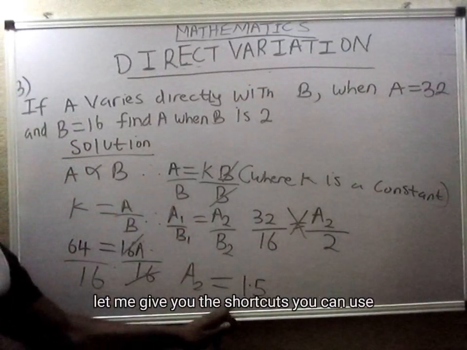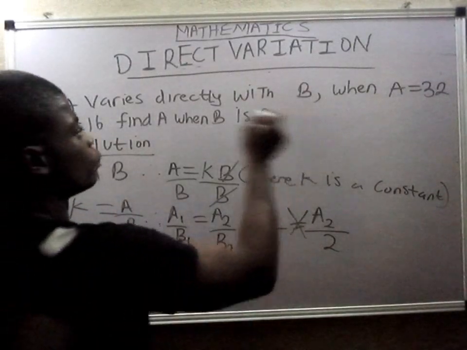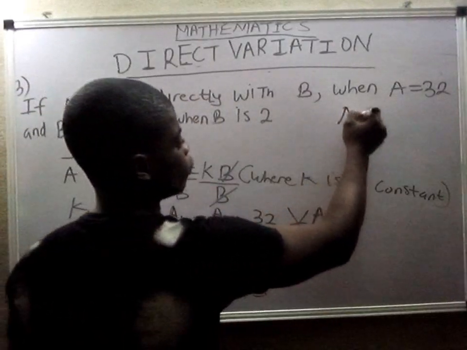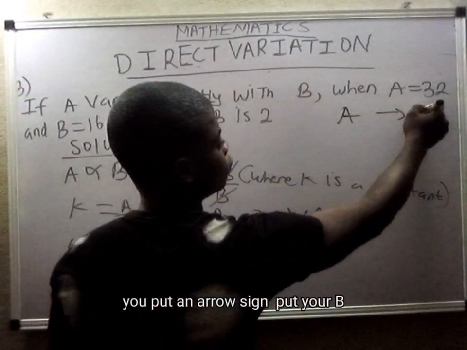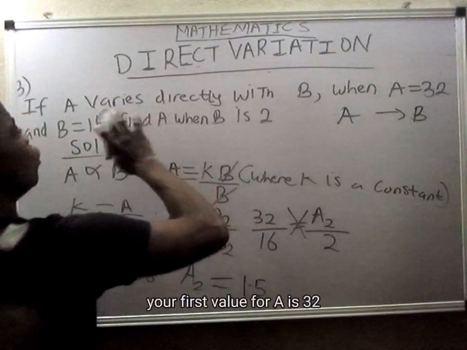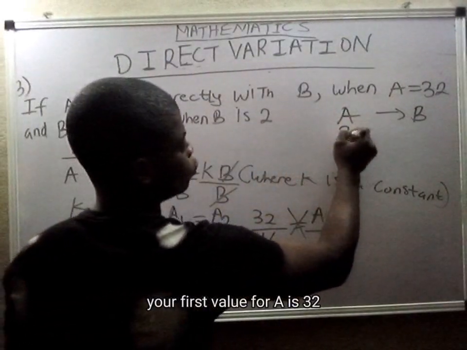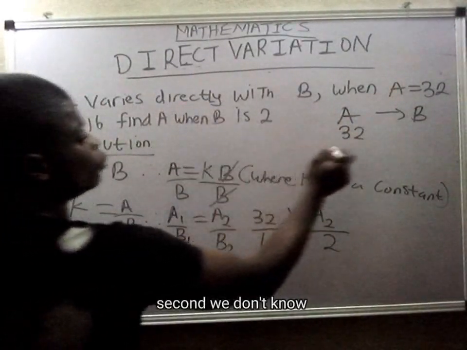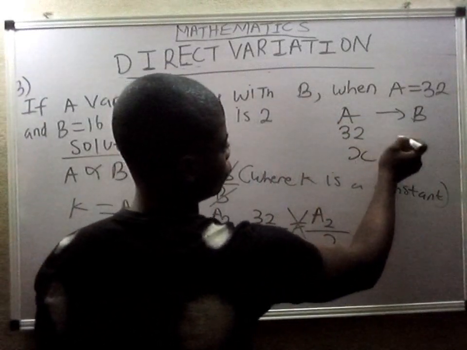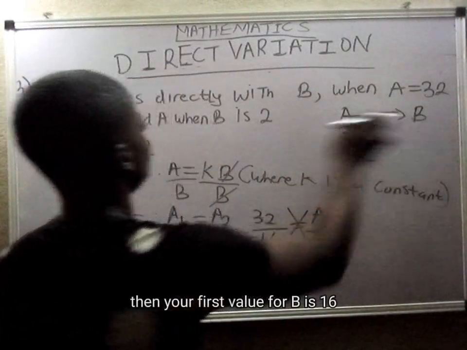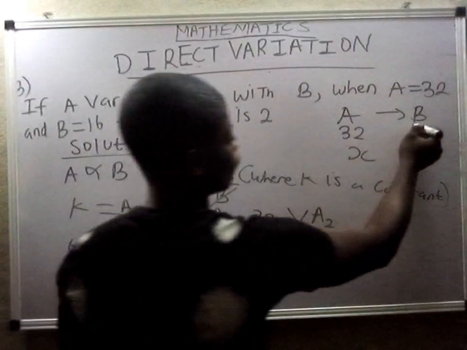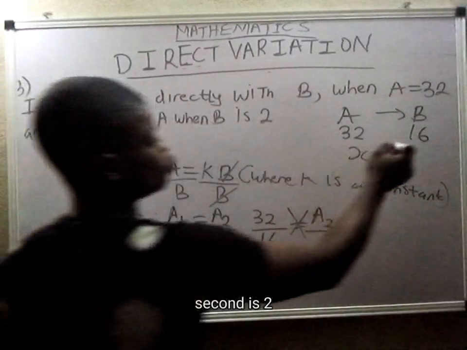Let me give you the shortcut you can use for this question. As usual, you put your A, you put an arrow sign, put your B. Your first value for A is 32. Second, we don't know. Let's call it x. Then your first value for B is 16. Second is 2.